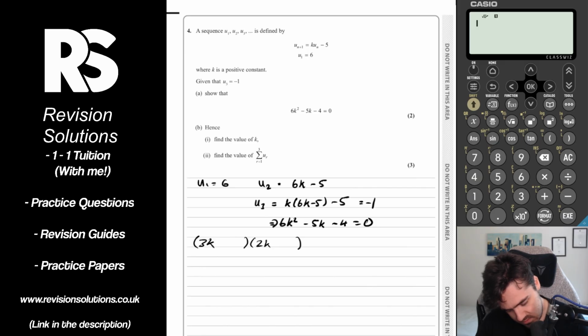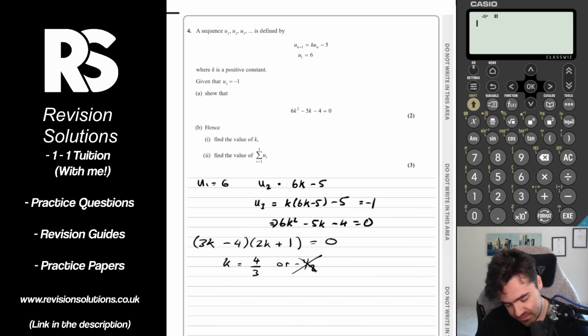And then if we put a -4 here, that gives us -8k, and then a +1 here, that would give us a -4, -8, and then plus a 3, which would give us the -5. So then k is going to be equal to 4 over 3, or minus a half, but remembering what we said earlier, we can't take the negative solution, so k is just going to be 4 over 3.